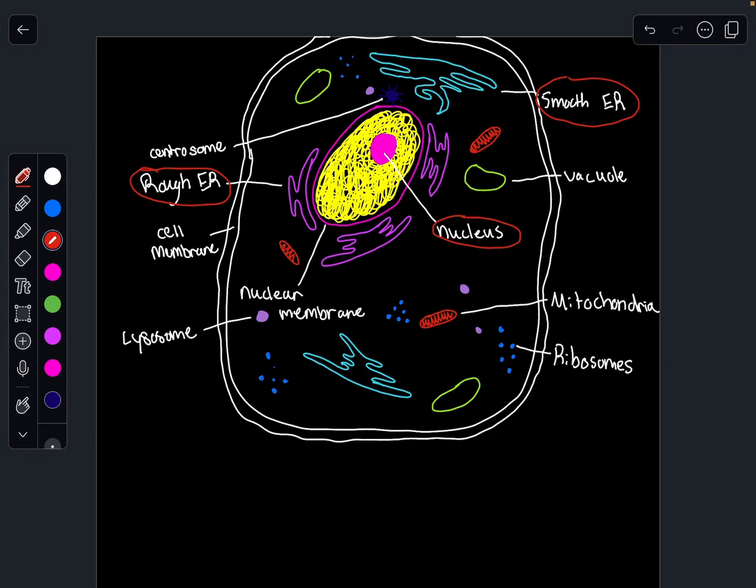For the smooth ER, the functions are synthesizing lipids, phospholipids, and steroid hormones. It also metabolizes carbohydrates, detoxifies drugs and poisons, particularly abundant in liver cells, and stores calcium ions.